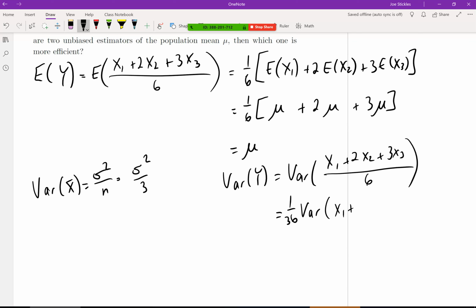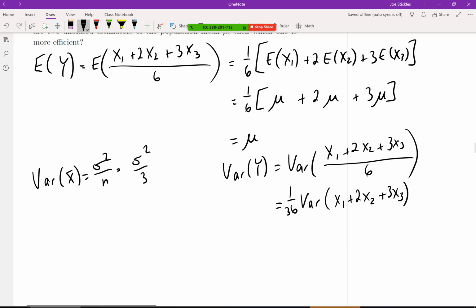I'll do this in a couple of pieces. The second part is I need to break this apart over the sum. Since we're doing a random sample, each of the x of i's is independent from the others, so I can just break apart the variance over the sum and I don't have to worry about any covariance issues.